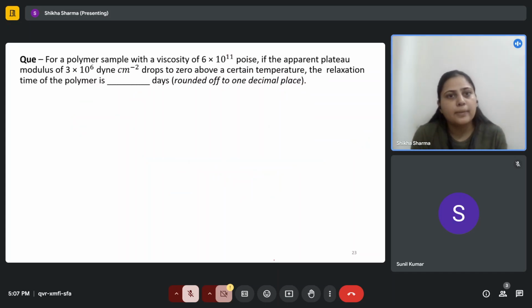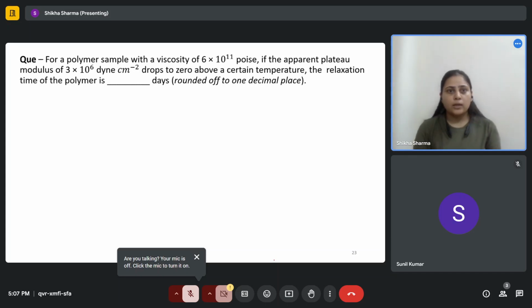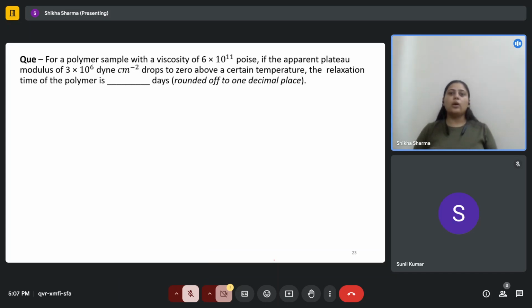For a polymer sample with a viscosity of 6 into 10 to the power 11 poise, if the apparent plateau modulus of 3 into 10 to the power 6 dyne per centimeter square drops to 0 above a certain temperature, the relaxation time of the polymer is in days.